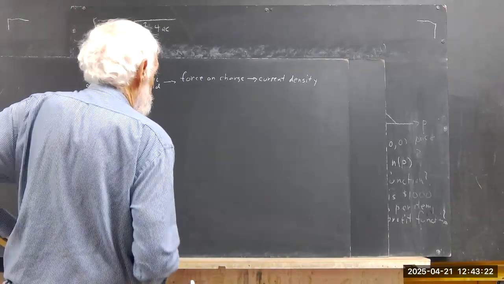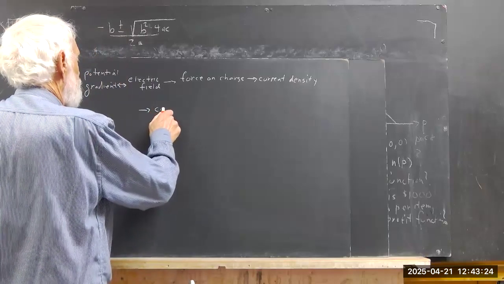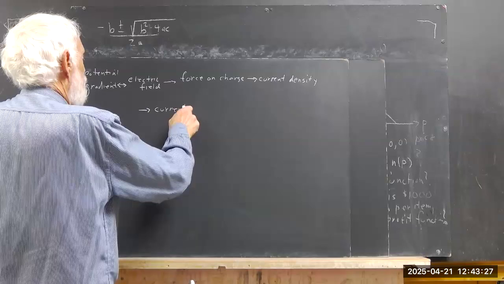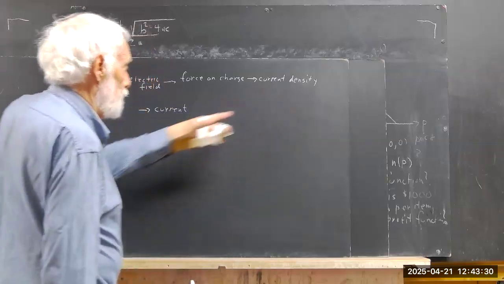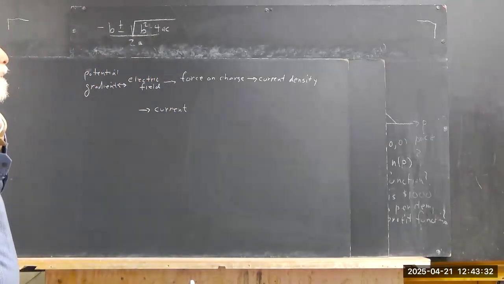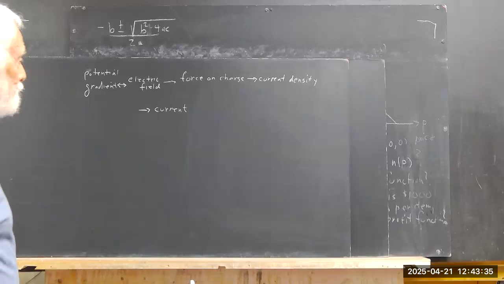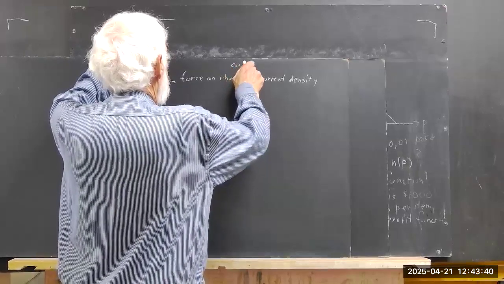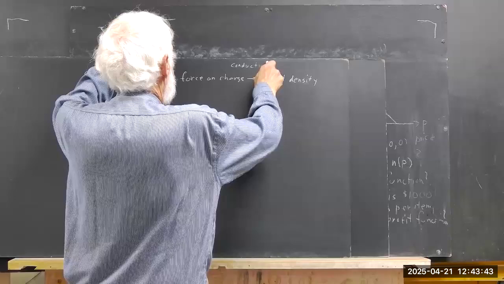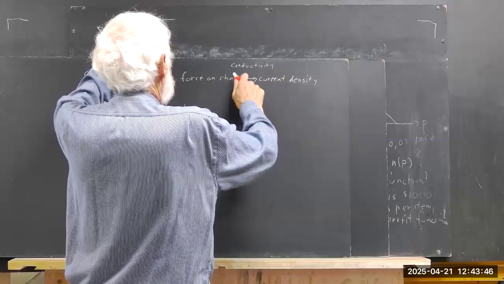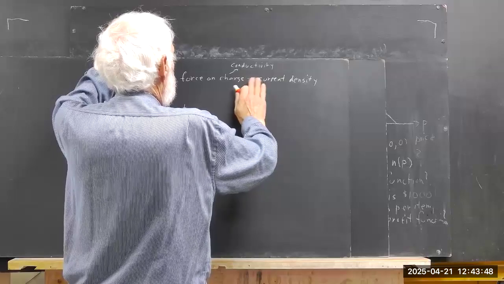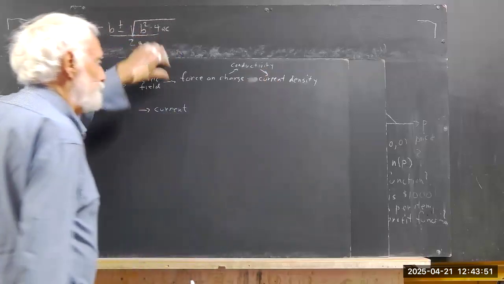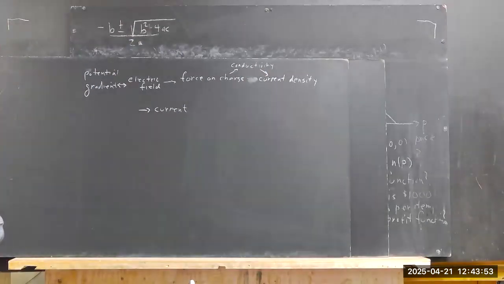Now, how do you get the current density? The intermediate thing here is conductivity. And that leads to current.